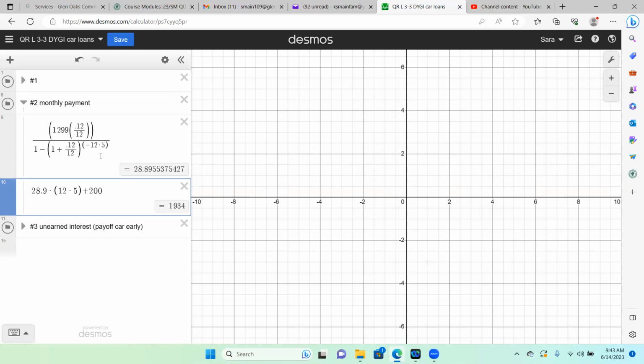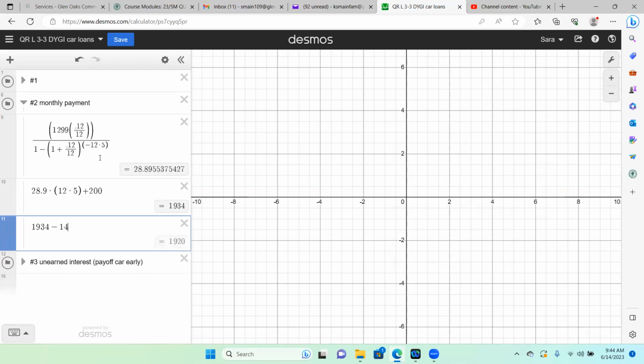And then part D says, and the finance charge. So remember that the finance charge is your total installment price subtracting the original cost of the item, $14.99, before we made our down payment.